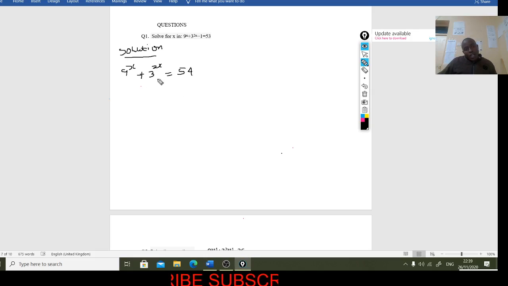Now what I do here, I can make 9 the base of 3, so it becomes 3 squared. Remember, this all was power x, plus 3 power 2x equals to 54.